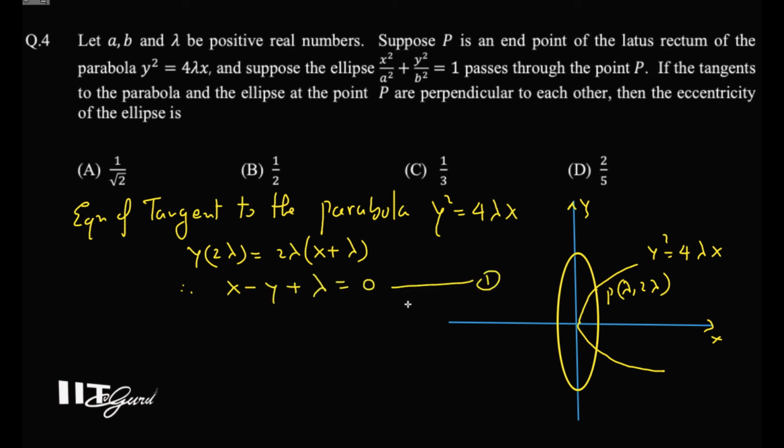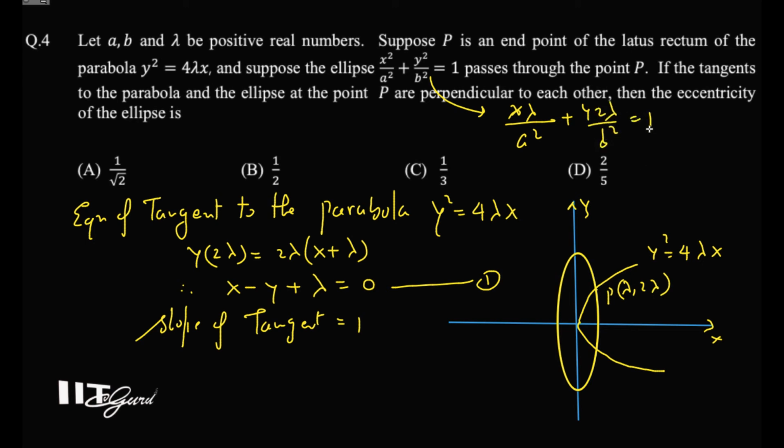Let us say this is equation number 1, and therefore the slope of this tangent at P is 1. And similarly for this ellipse, you can find the tangent of this ellipse also. So the tangent on that ellipse at point P is x into lambda upon a square plus y into 2 lambda upon b square is equal to 1.